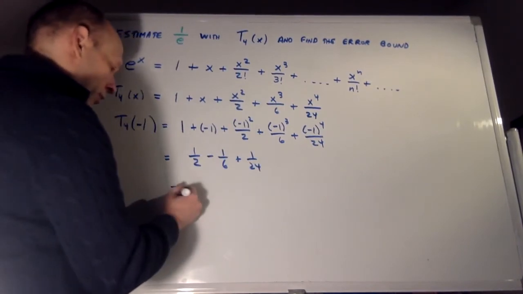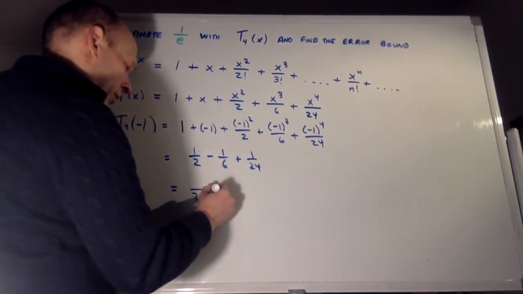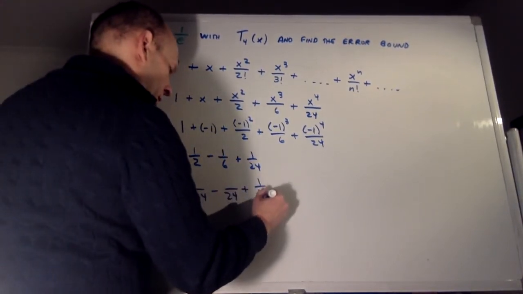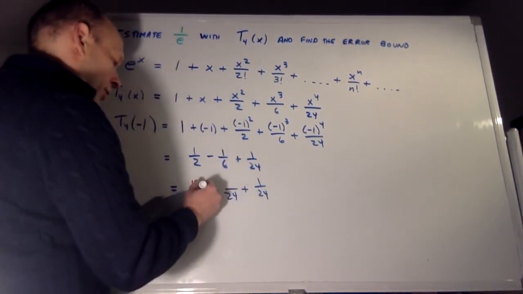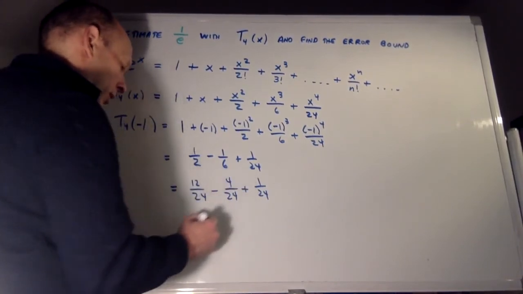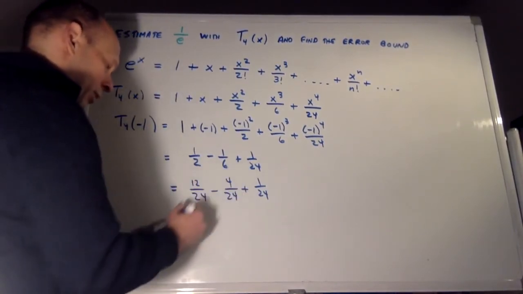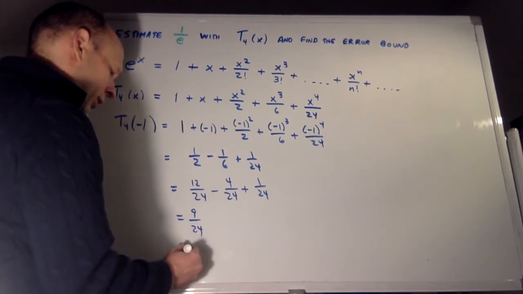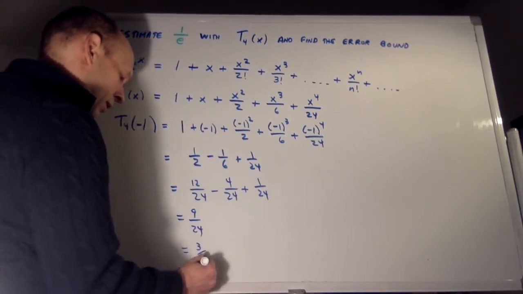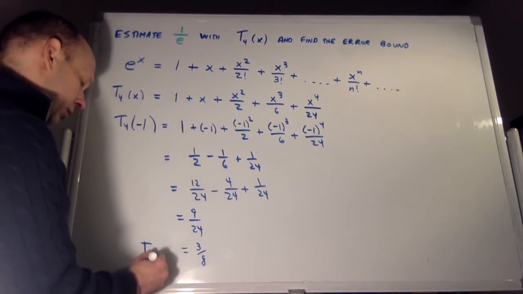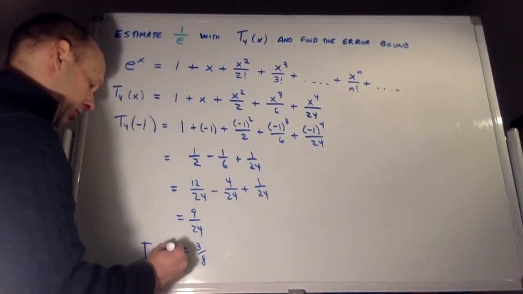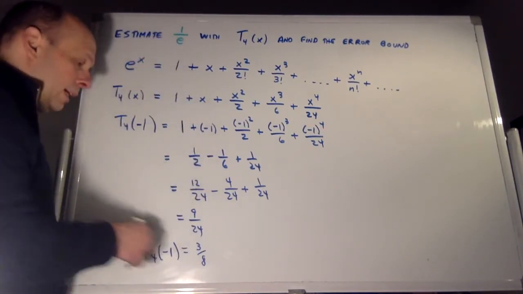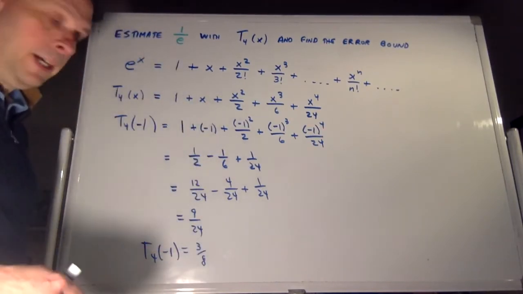All right, so we'll add these fractions together with a common denominator of 24. 1/2 is 12 over 24. 1/6 is 4 over 24. So 12 minus 4 is 8, plus 1 is 9. So we have 9/24, which is the same as 3/8. So our estimate for 1 over e is 3/8. So we think that 1 over e is kind of close to 3/8, maybe.